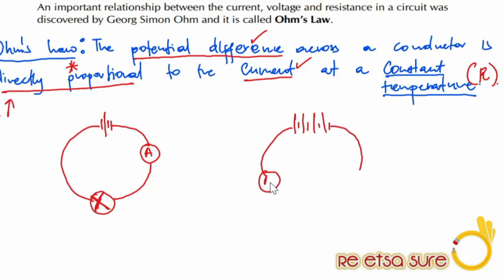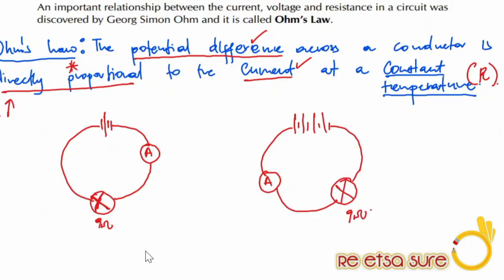Here is our ammeter, and here is our bulb. Our bulb is 9 ohms. Even this side I'm using 9 ohms. Why?